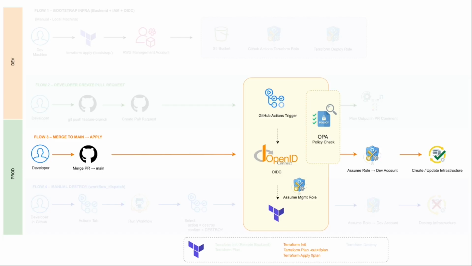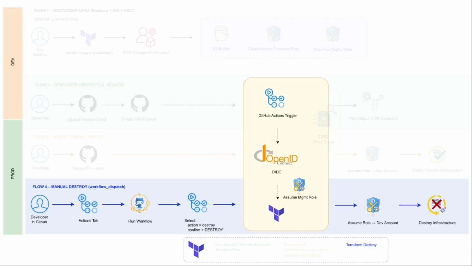The pipeline authenticates using OIDC, then runs terraform init, then creates a plan file with terraform plan -out=tfplan, then applies exactly that plan file, then runs policy checks, then assumes the correct AWS account role. Only the main branch can trigger apply. This guarantees that only reviewed and approved changes are deployed. Flow number 3 ensures controlled, deterministic, and auditable infrastructure updates.